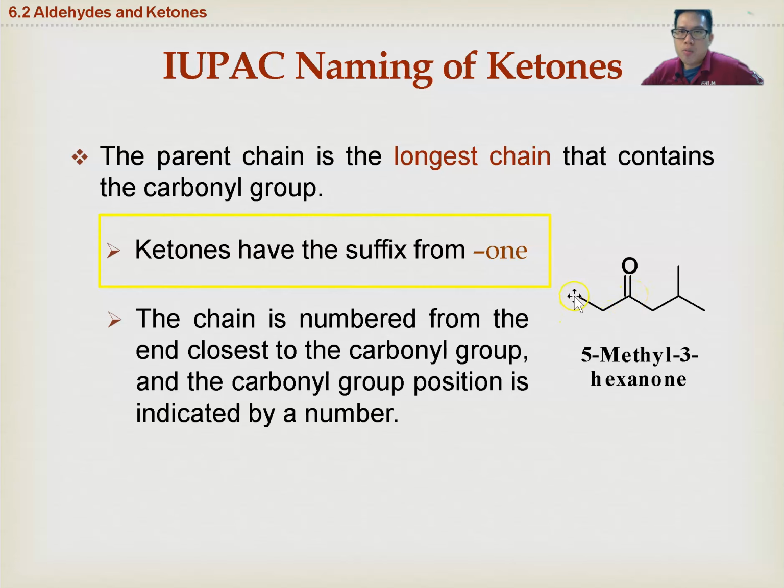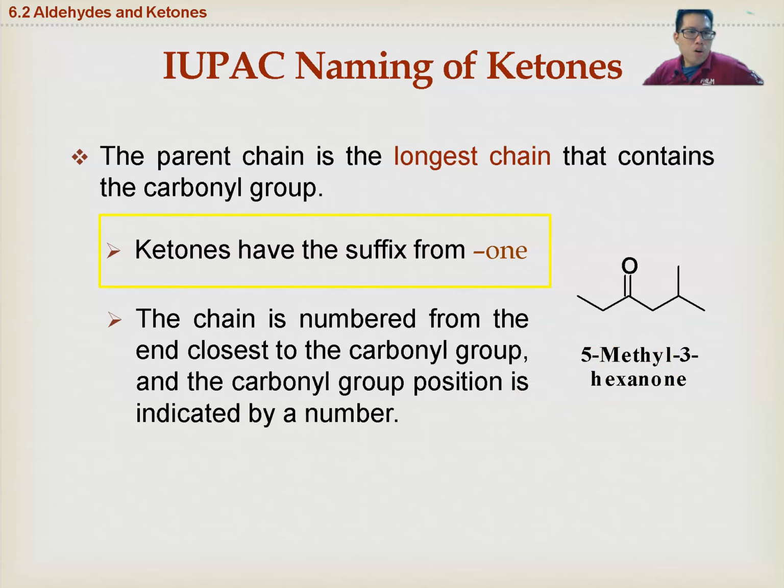So you can go from left to right, 1, 2, 3, 4, 5, 6. Okay, so look at carbon 3 if you calculate from left to right. If you go from right to left, 1, 2, 3, 4, 5, 6. Okay, so the smallest one is going from left to right. Again, number 3. So you can see here the location 1, 2, 3, 4, 5. The methyl group is located at carbon number 5, so 5-methyl-3-hexanone.